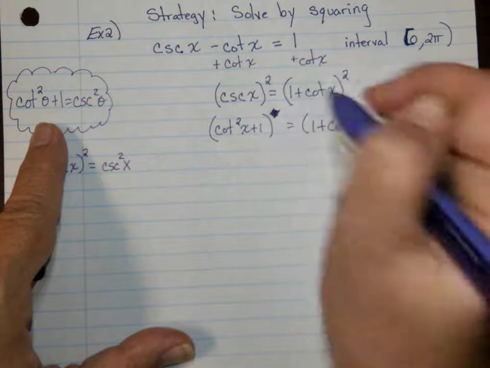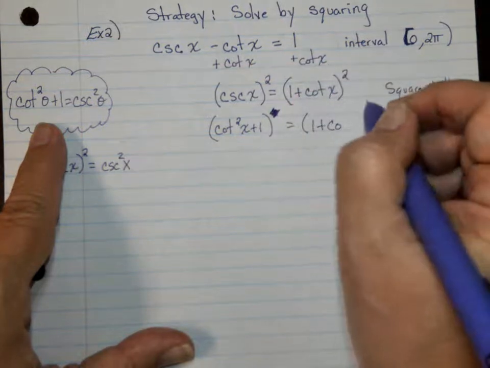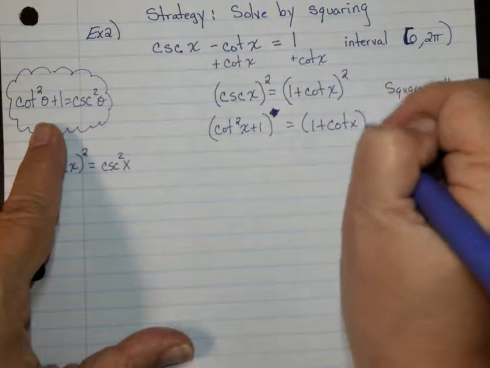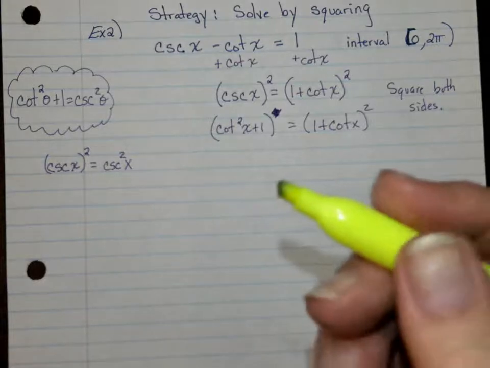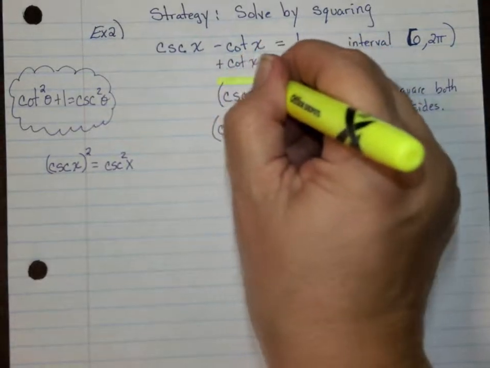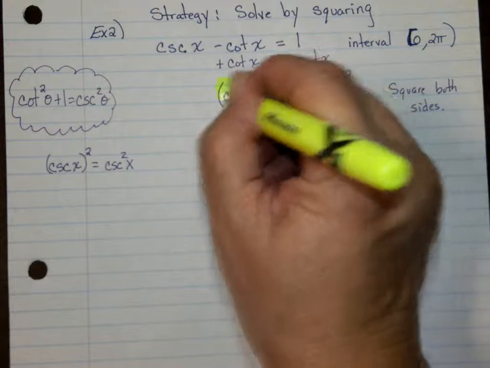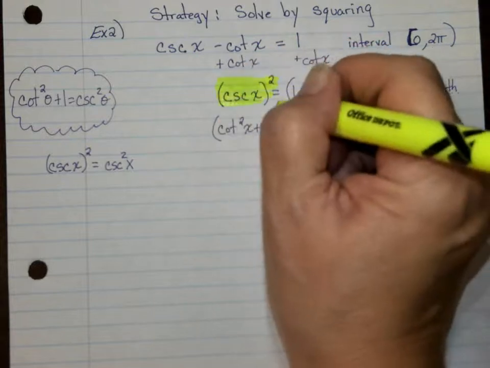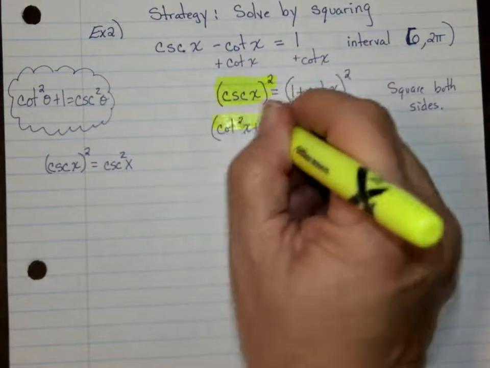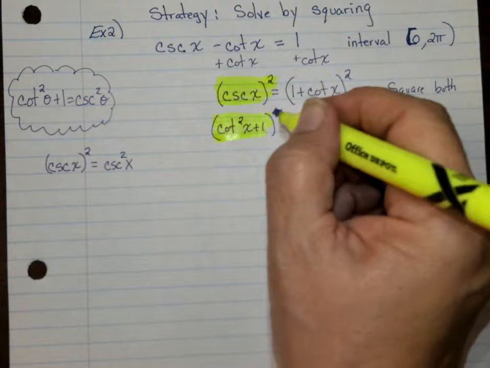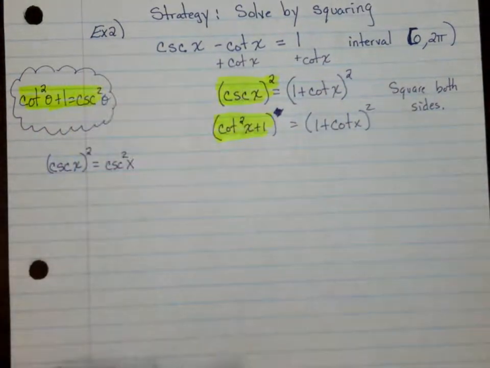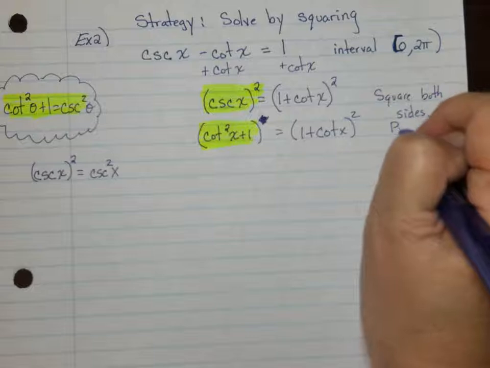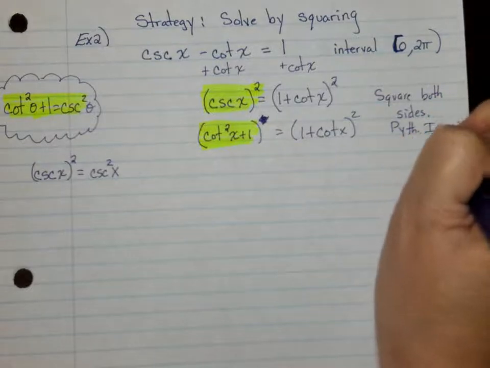My bad. Square's over here. Okay, so look at what we've done. We've taken this expression, cosecant squared x, and replaced it with this expression, which came from this Pythagorean identity right here. This is the Pythagorean identity that allowed us to do that.